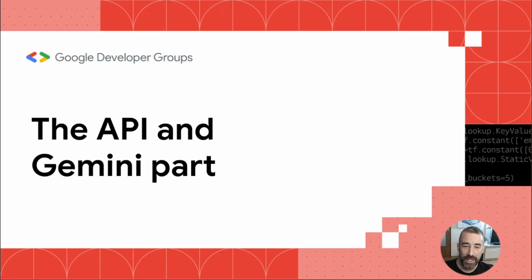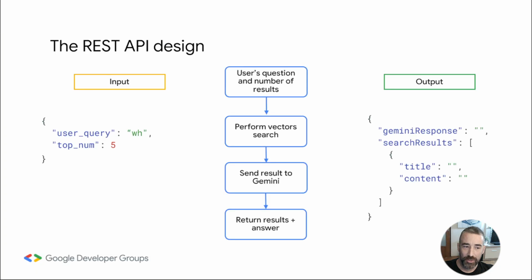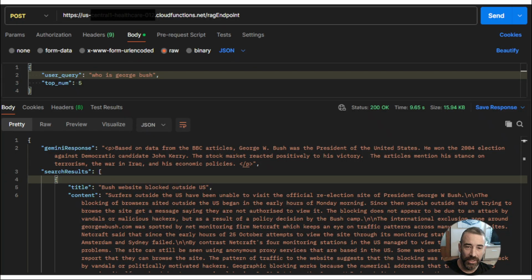So the API and the Gemini part. The API that we're designing basically takes in a user query. So what is Slovenia would be the user query. Top number would be the number of results we want to get, and the output is the Gemini response, search results, title, content. Let's look at this here.